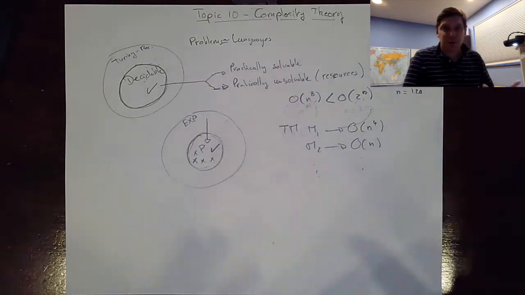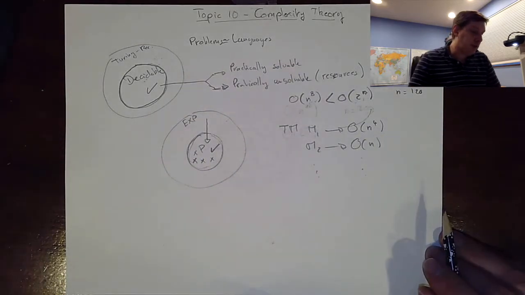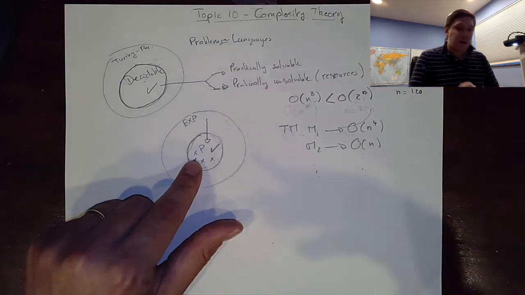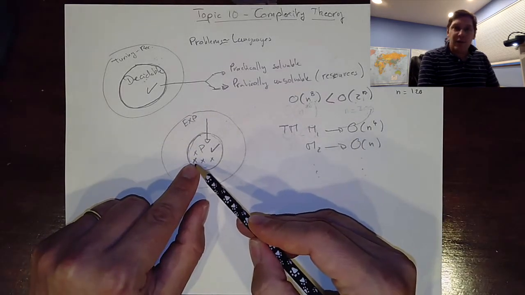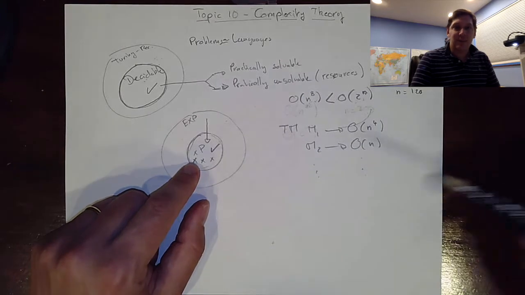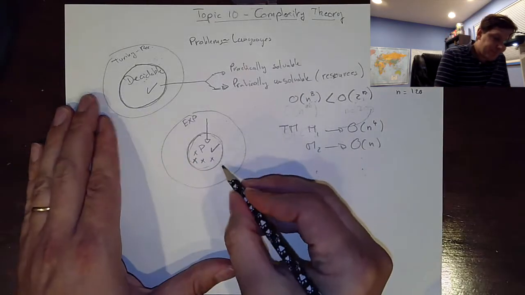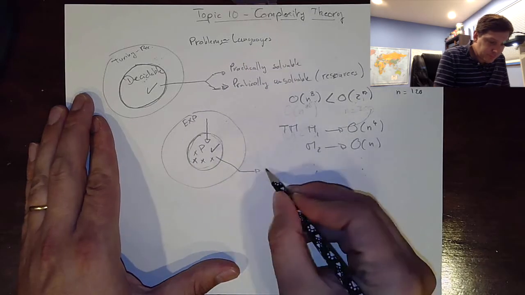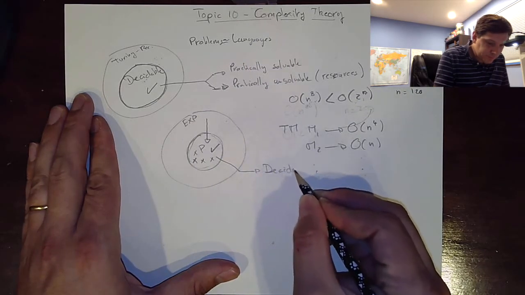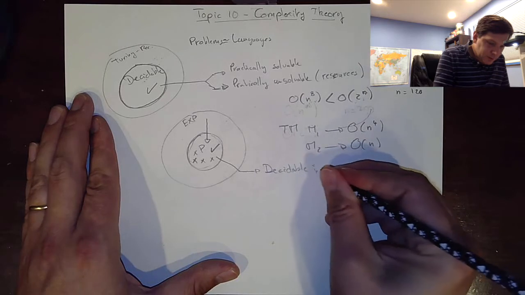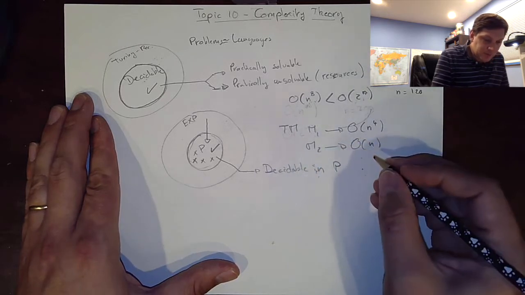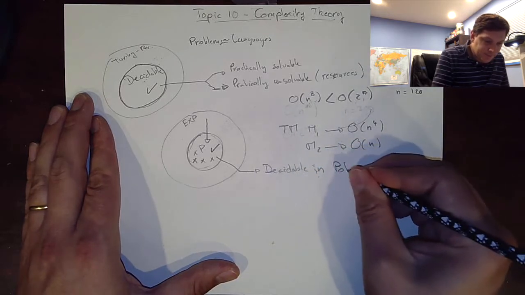And we'll show you this trick. It's actually really, really interesting. So these problems, they all have a Turing machine that can decide them in polynomial time, right? So they are decidable in polynomial time.